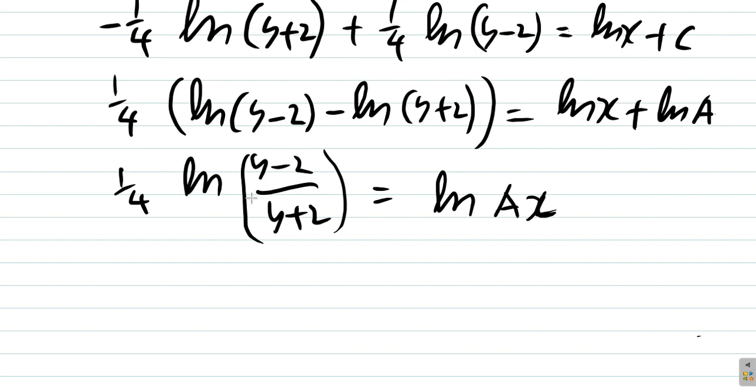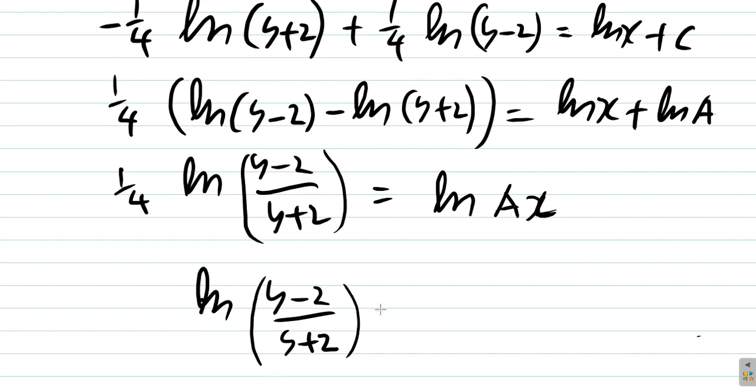We get ln of (y - 2) over (y + 2) equals 4 ln ax.